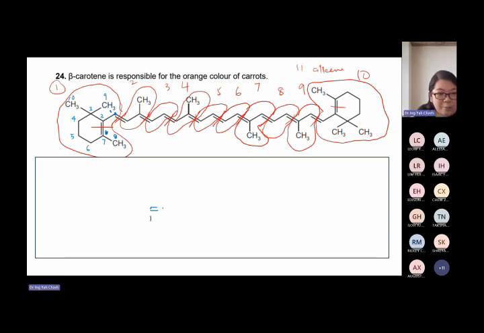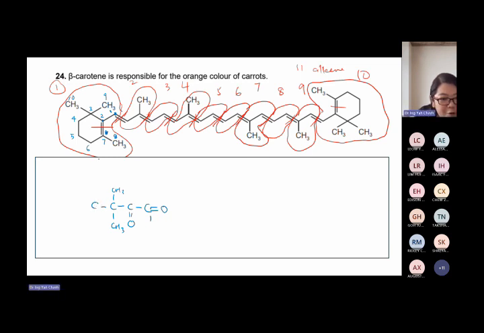Double bond. Remember when an alkene reacts with hot concentrated acidified KMnO4, that double bond part is broken, right? Then you have to add an O because it's oxidized. Then bonded to carbon number 2 here, double bond, another O, bonded to carbon number 3. Carbon number 3 is bonded to carbon 9 and 10, the 2 CH3 groups.